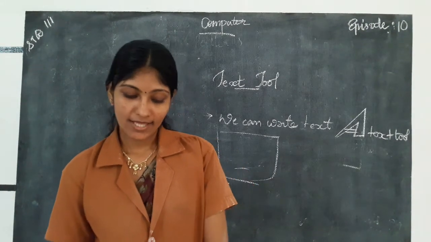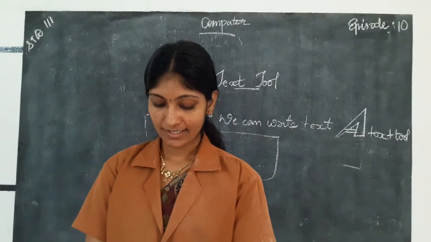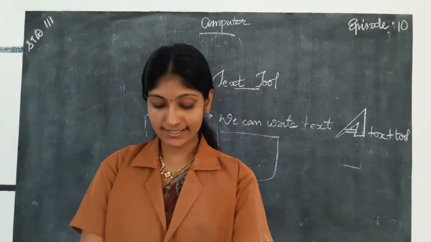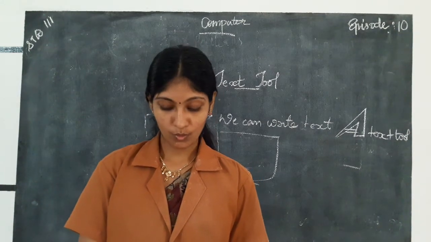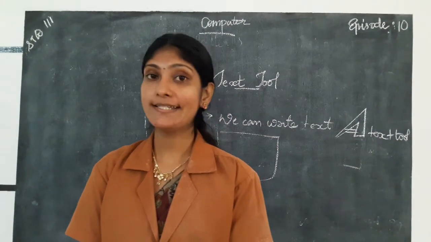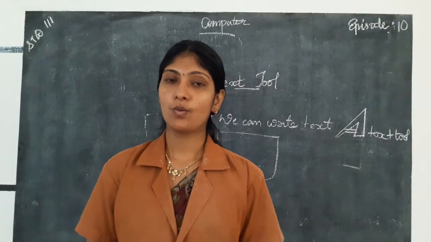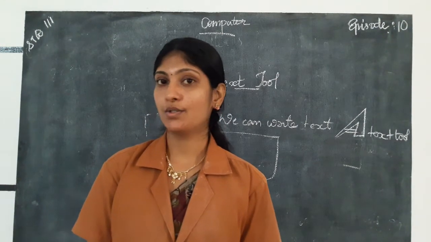So what are the things we have learned today? At first, we started this chapter using Paint software. So today we started with the topic different types of tools. So what are they? First one, Paint pencil tool.